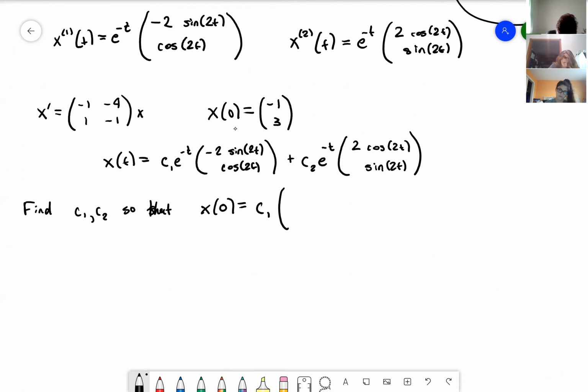And then cosine of 0, that's 1. So there's our first part. And then C2 times e to the 0, 1, 2 cosine 2 times 0. That's 2. And that's 0. So we want to find this so that it's equal to -1, 3.